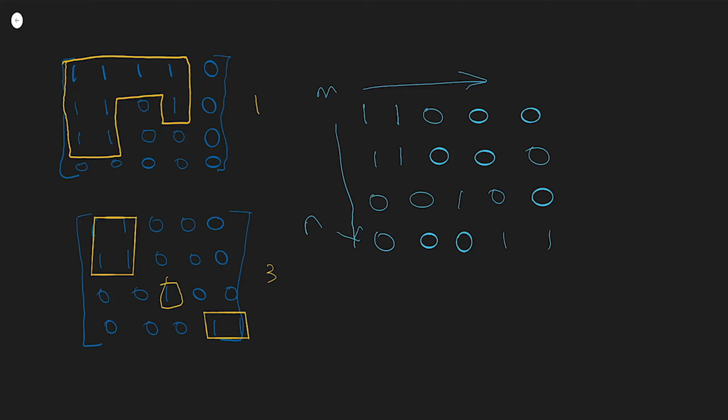Whenever I see 1, I ensure that 1 is replaced by 0. Since you know in graph traversal, we visit the current element and then all its neighbors. So the first thing is this would become 0, and then I'm going to visit its neighbor.